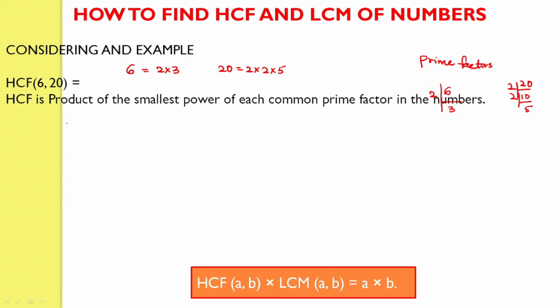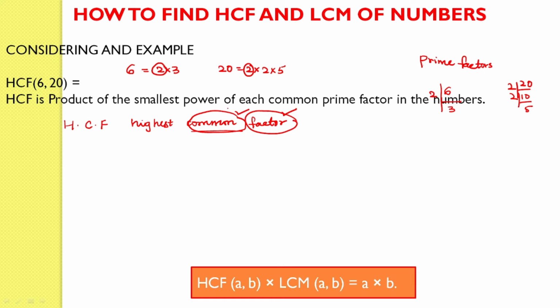HCF means highest common factor. We did the first step, finding the prime factors of the numbers. Next, let's look at the common factors. When you consider 6 and 20, they both have one common factor, that is 2. 2 is the only common factor, so 2 is the highest common factor.